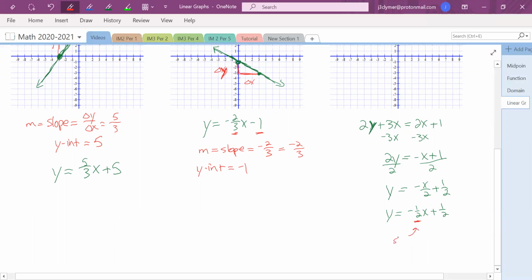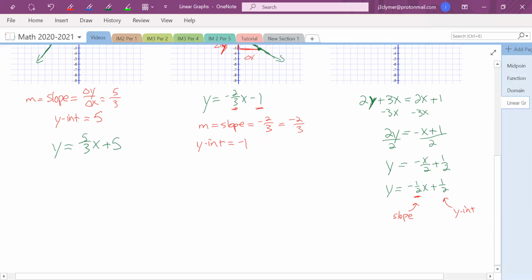Okay, and that's going to be your slope, and your y-intercept is right here. And so the slope is going to be -1/2. Okay, which means you're going to have to choose whether to put the negative in the numerator or the denominator. I'll go ahead and put it in the numerator, and the y-intercept is going to be 1/2.